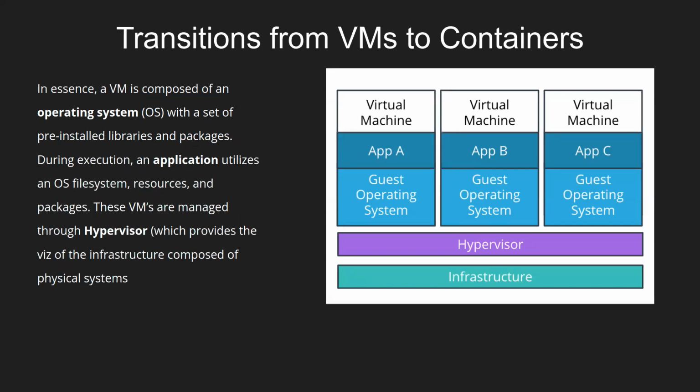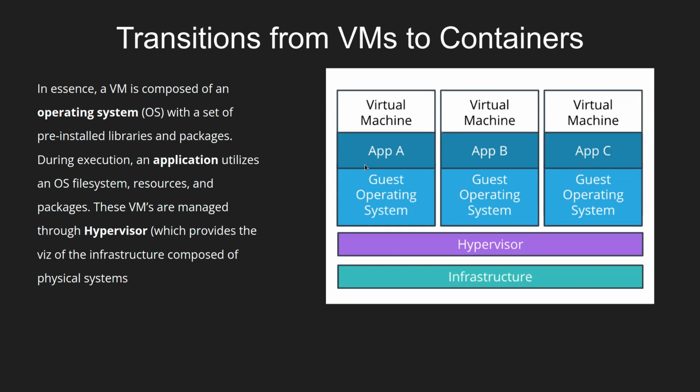But the other thing about VMs is that VMs compose the whole operating system. So this simply means that all the resources on your VMs will be shared across your physical system.